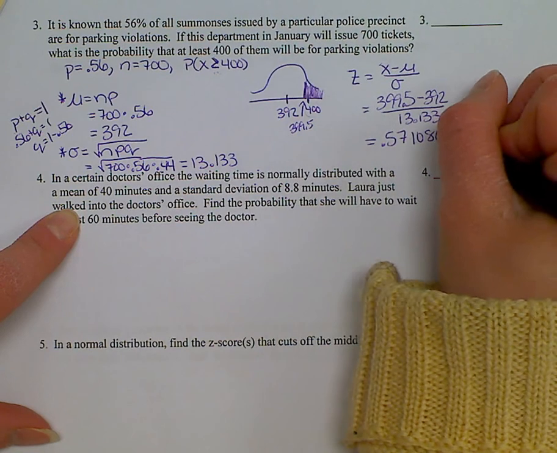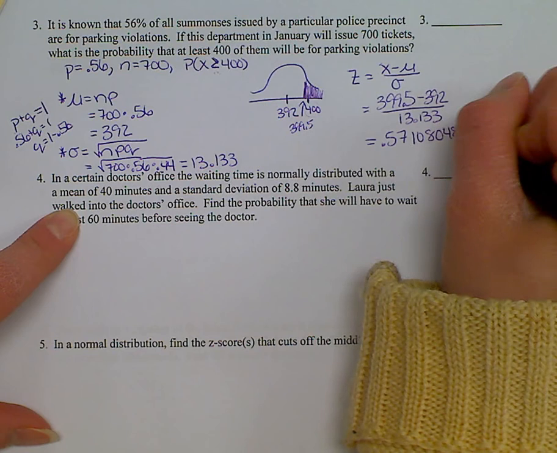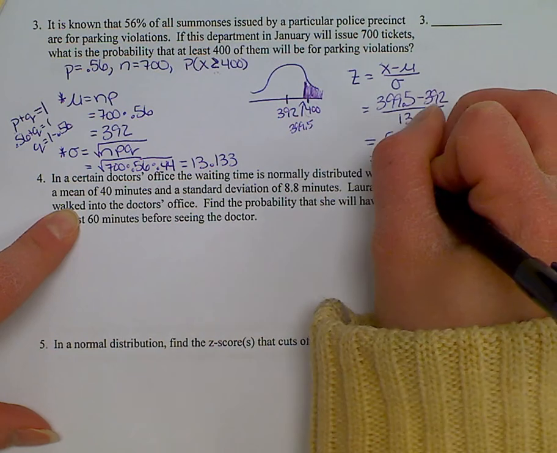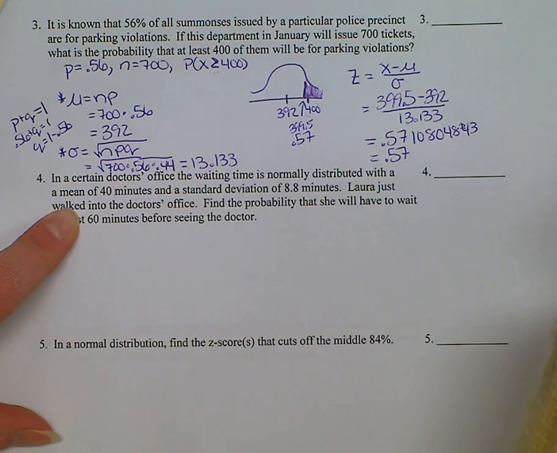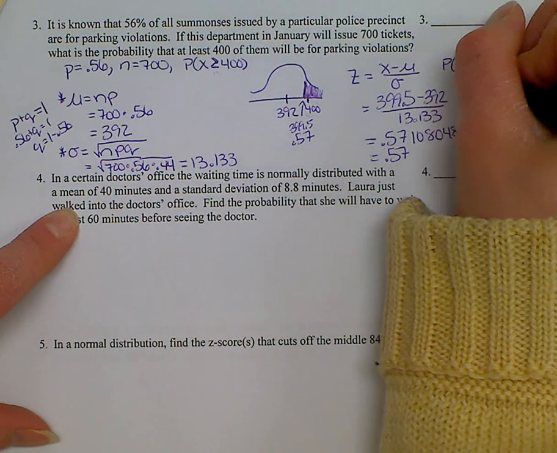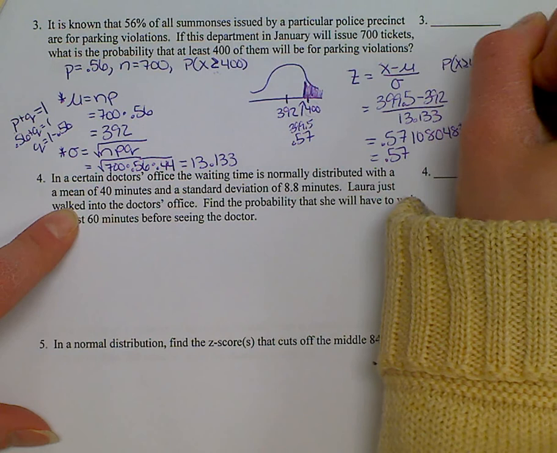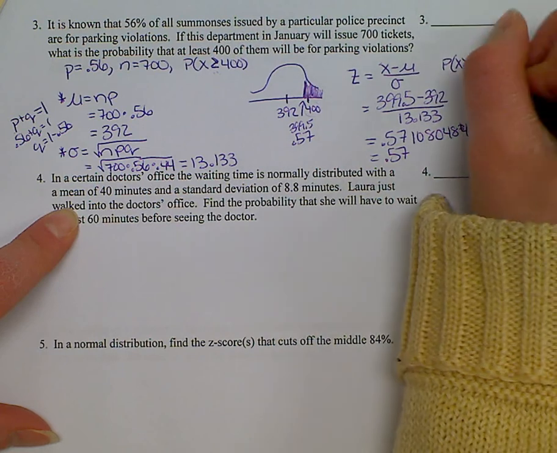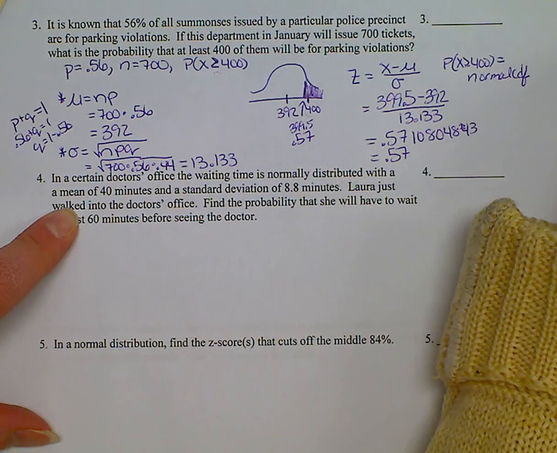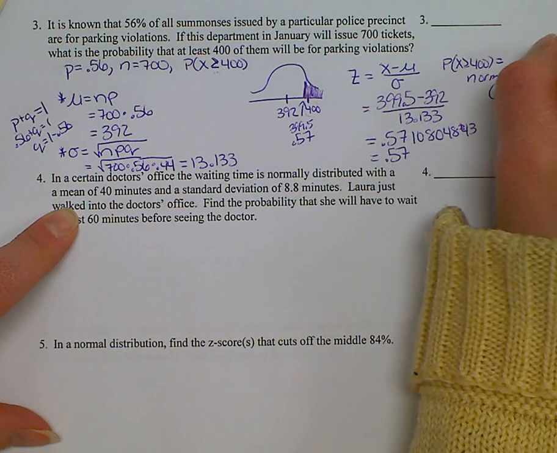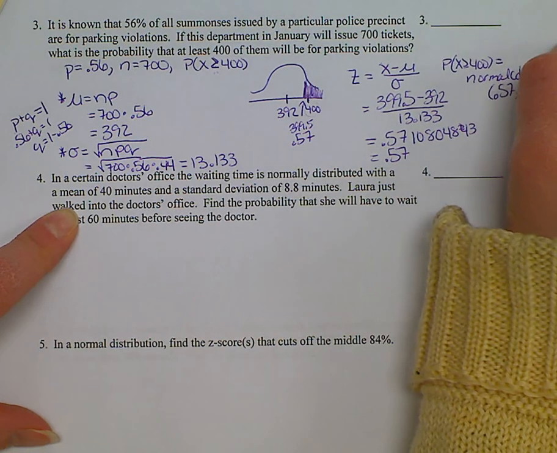Okay, and then now we're ready to find our actual probability. Our probability then of greater than or equal to 400, or at least 400, will come from our normal CDF, and then we're going to do 0.57 up to 10.